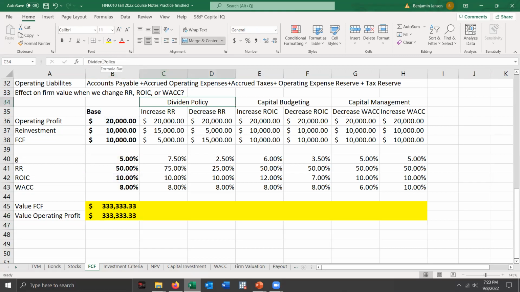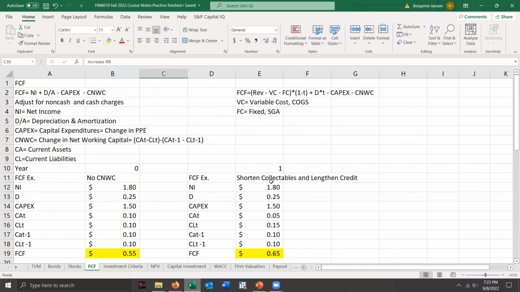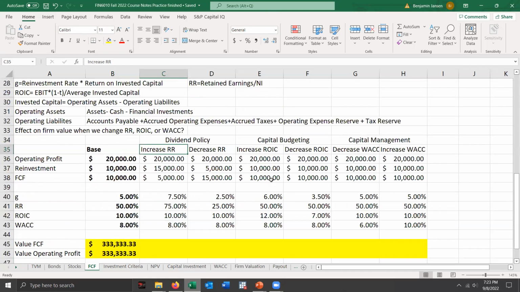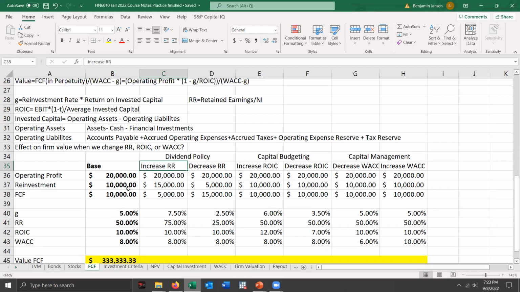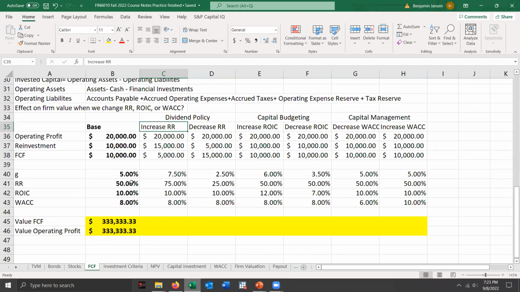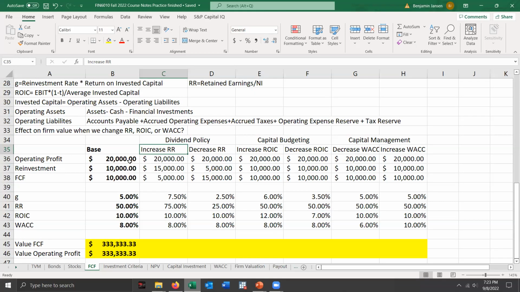Dr. Jensen, quick question. I think the problem set that we downloaded, there's not a free cash flow tab in it, but you did have it as part of our grade, I think. Course notes practice. Oh, okay. I'll look into that. I may have left something in that I changed around. But I'll double check that. There should be one grade for each section that you're looking at. Yeah, I don't see anything that's similar to this. Okay. I don't think I had included one for the problem set.